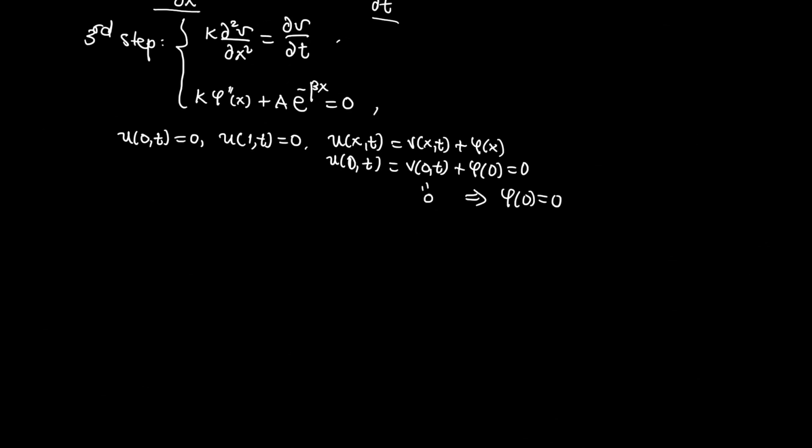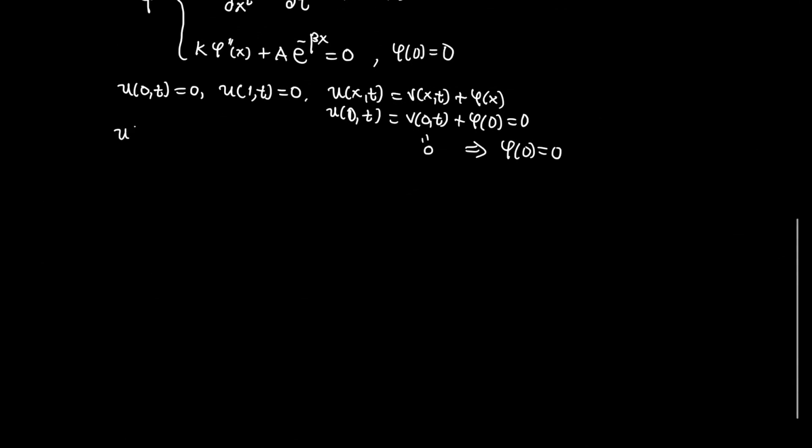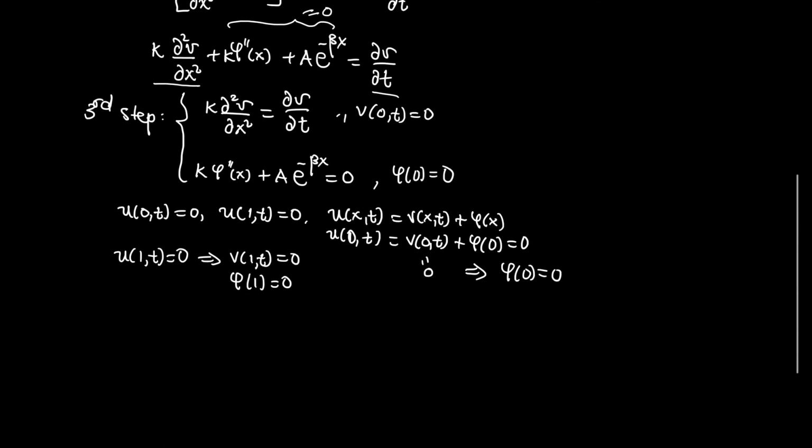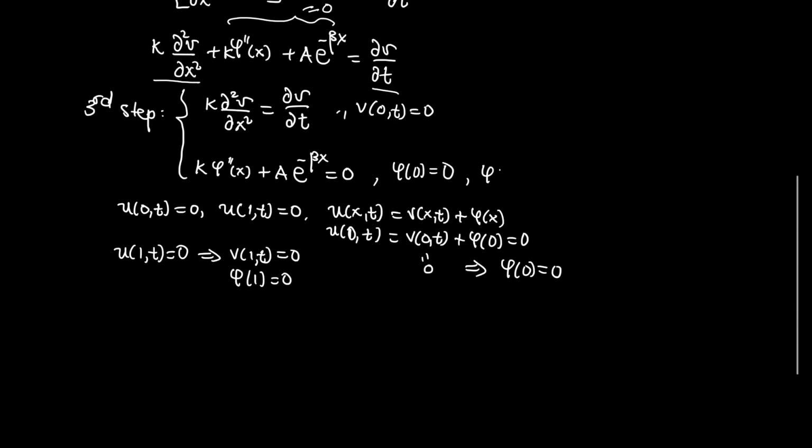So I have one already. Phi(0) equal to 0. And that leads to v(0,t) equal to 0. Then I do the same for u(1,t) equal to 0, and you end up with v(1,t) equal to 0, which implies phi(1) equal to 0. Then you have phi(1) equal to 0, and here you have v(1,t) equal to 0.